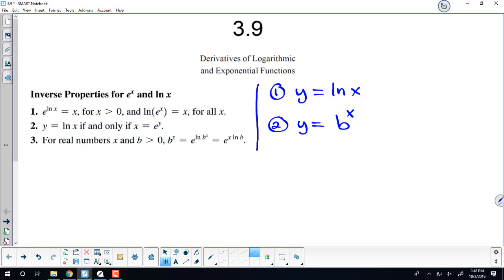Remember here with this one, b is larger than 0 and not equal to 1. And then finally, we'll look at the derivative of the generic logarithm, the log base b of x.